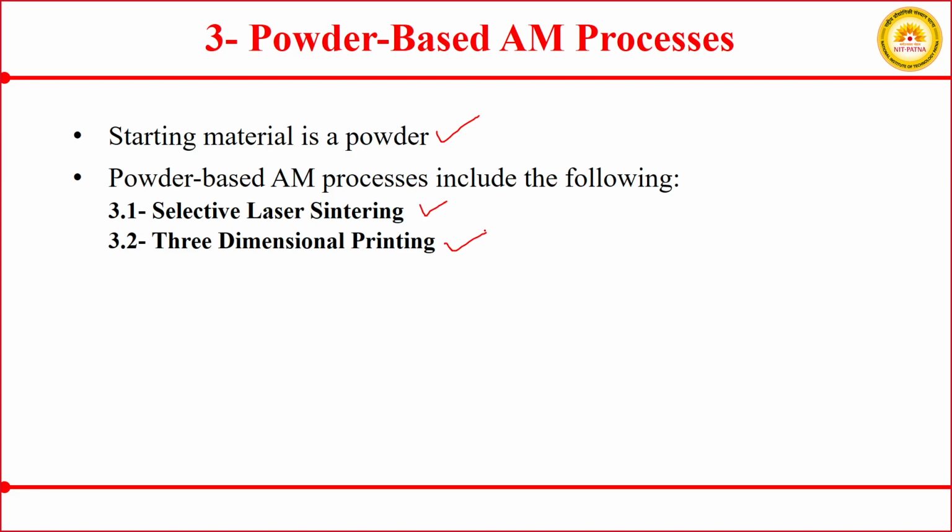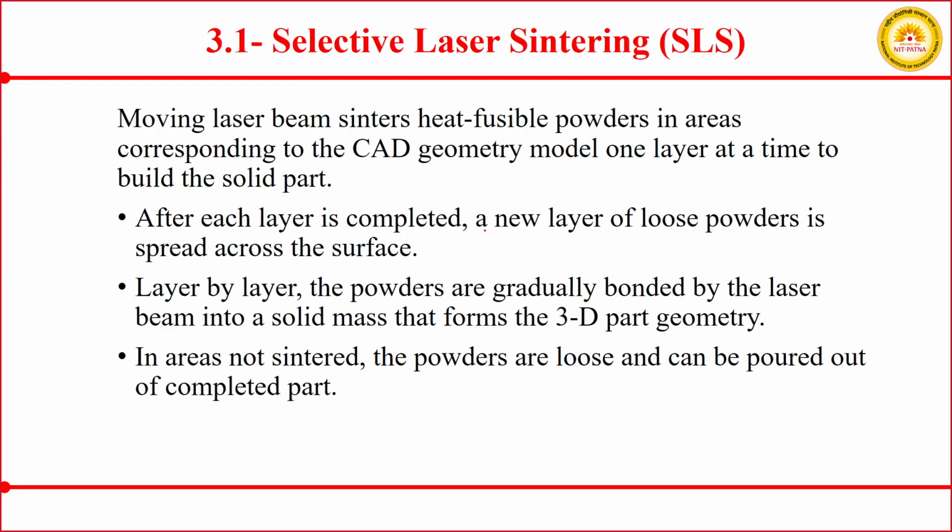In the first process, selective laser sintering, we move a laser beam that sinters heat fusible powders in areas corresponding to your CAD geometry, one layer at a time, to build the solid part.